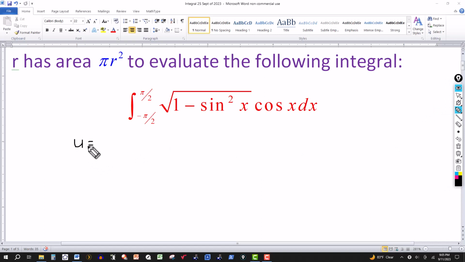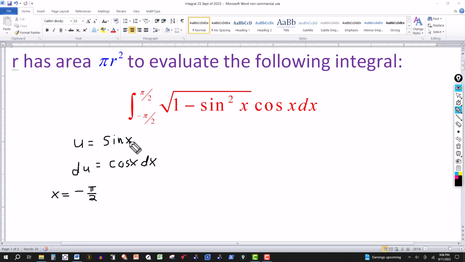So let u equal sine of x. Then du would equal the derivative of sine, which is cosine of x dx. Since we're going to change the variable here, we change the limits of integration also. We're starting off with the variable x. So x is equal to minus pi over 2, the lower limit.